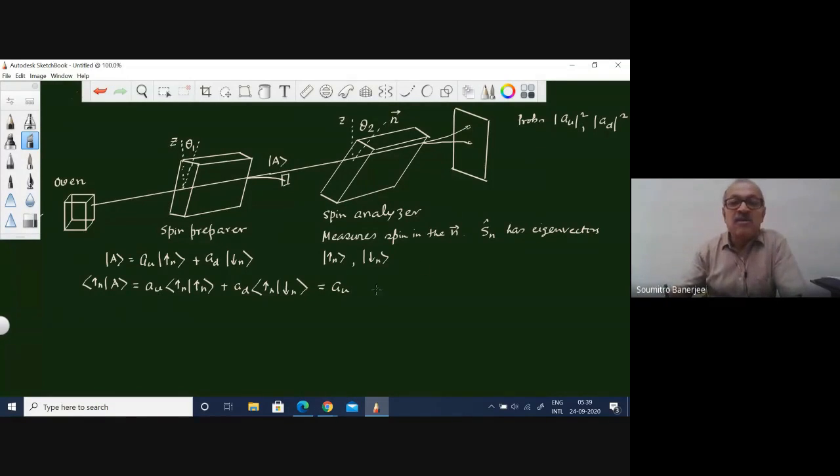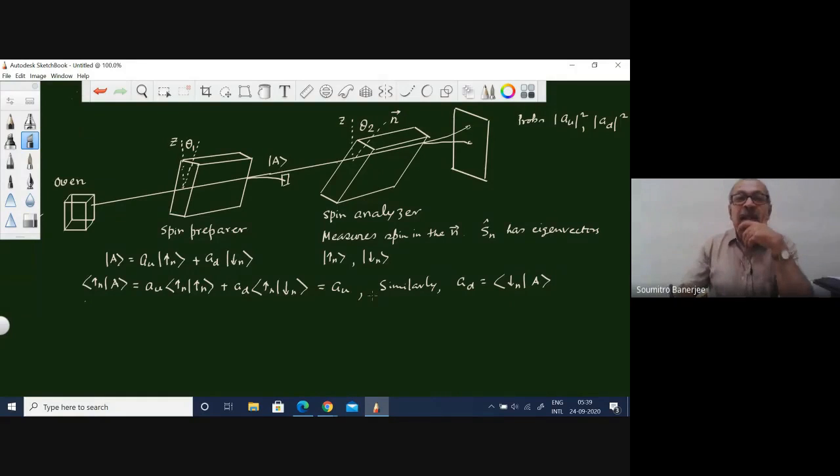Okay. So similarly, AD is nothing but the projection on down n. And the probability of finding up is just the squares of this. Okay.